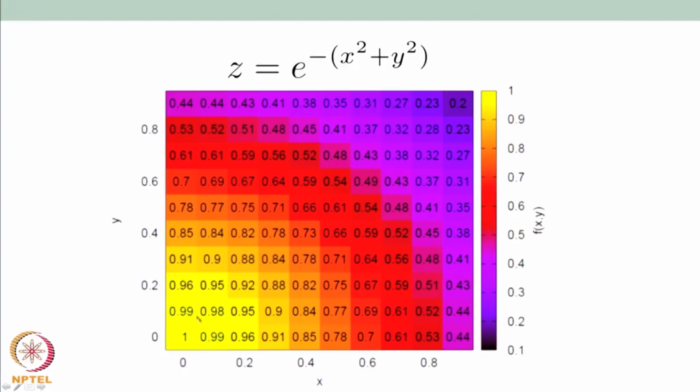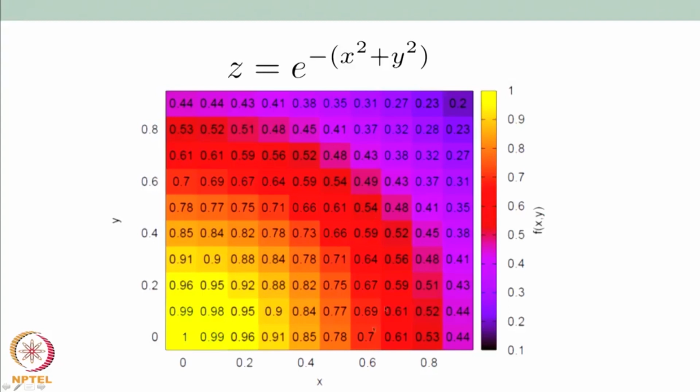Then e power minus 0.1, e power minus 0.2 will be this. And then e power minus 0.3, 0.4. And somewhere here, you will have e power minus (0.9 square plus 0.9 square). So it's like 0.2, and if I take more and more value, it will be very small.